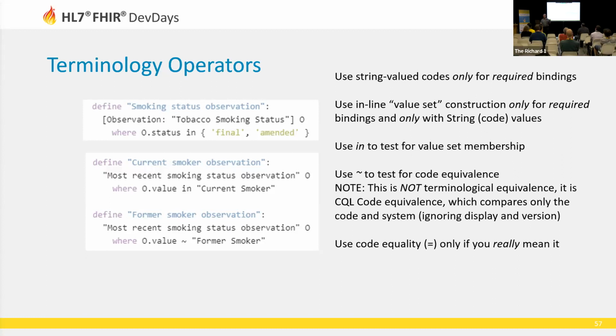This is just an equivalence. It compares only the code and system, ignoring display and version. And so use code equality, the actual equal on code values, only if you really mean it, right? You really want the system and display and version and code to all be the same. There are cases for it, but typically you want the tilde.